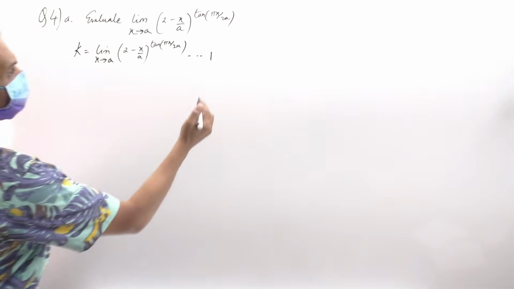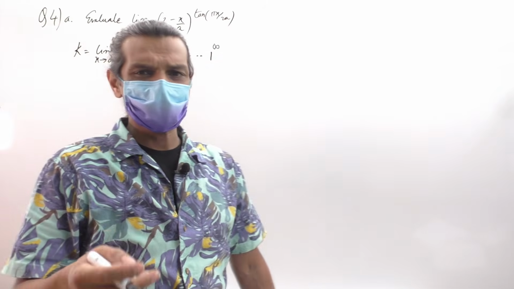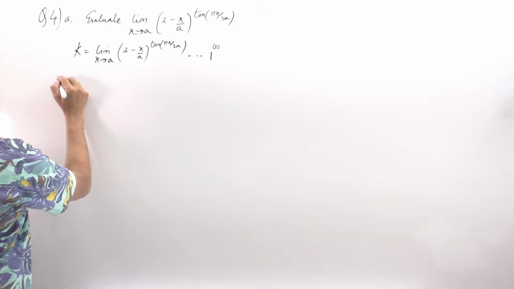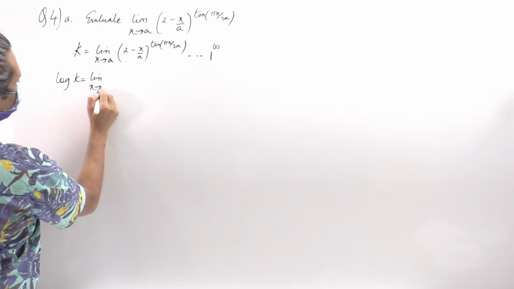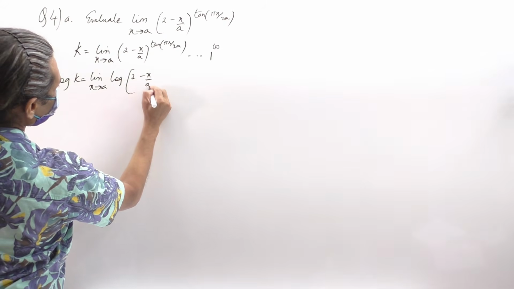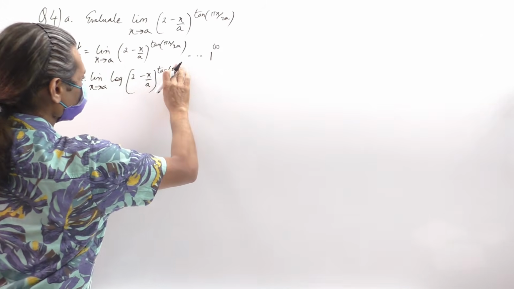So tan pi by 2 is infinity, 1 raised to infinity. Okay. So when we get a form like 1 raised to infinity, 0 raised to infinity, something like this, raised to power infinity, we apply log on both sides. So log k is equal to limit as x tending to a of log of (2 minus x by a) whole raised to tan of pi x by 2a.